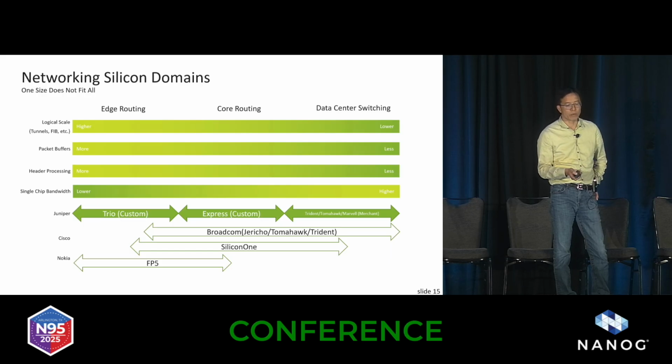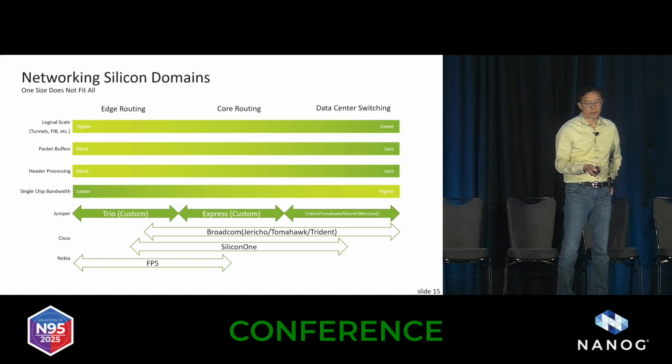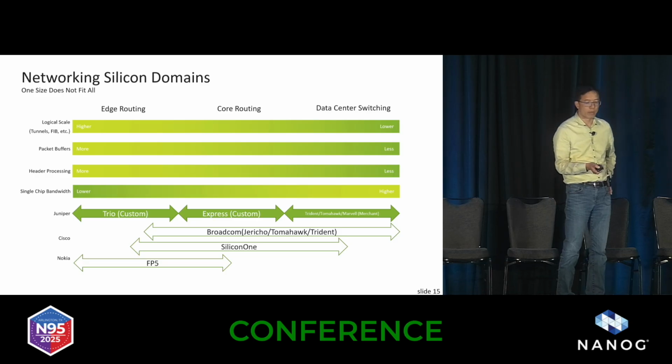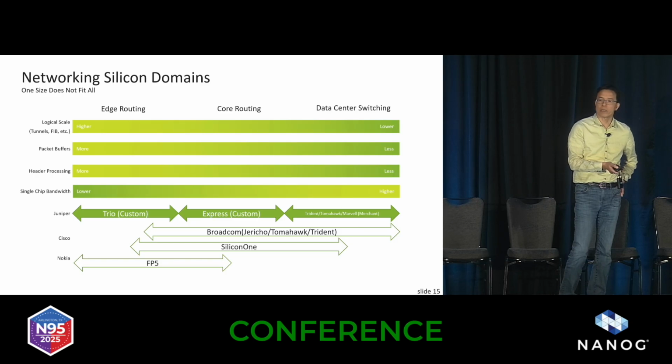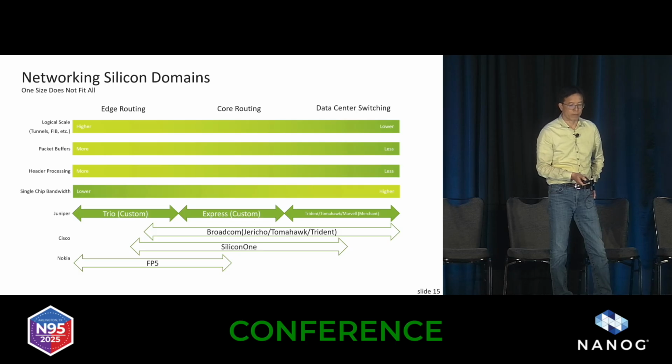On data center switches, usually they don't need a deep buffer, so the Tomahawk or Trident from Broadcom cover this market very well. So I put a comparison: Broadcom has the Jericho chip, Tomahawk, and Trident. Cisco has Silicon One. And Nokia has FP5, which try to cover different market segments. So that gives an overview.